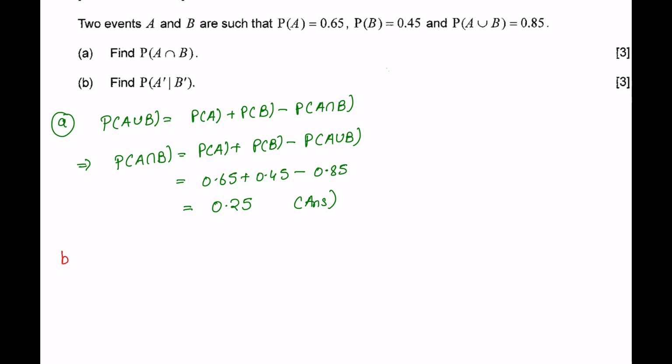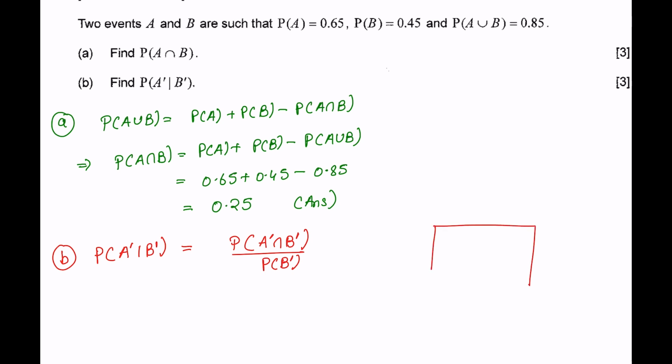Now moving on to the second part, you have to find P of A prime given B prime. By formula we know that it is P of A prime intersection B prime, divided by P(B prime). Now I will draw a Venn diagram to identify the first answer.